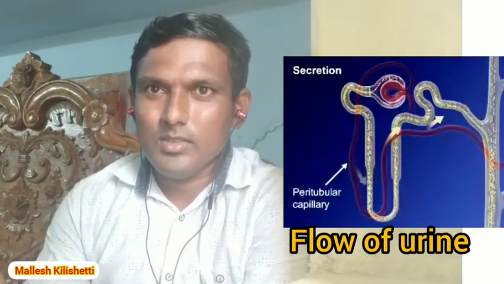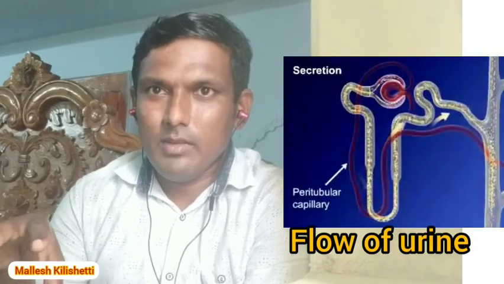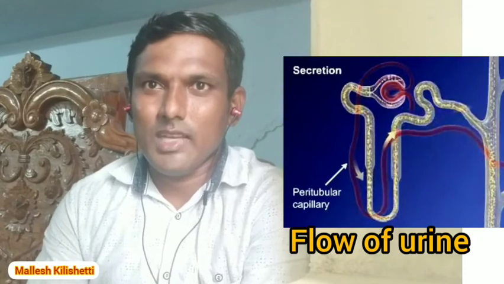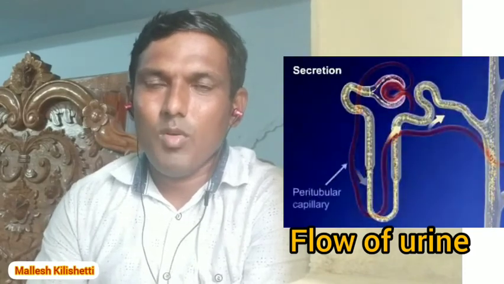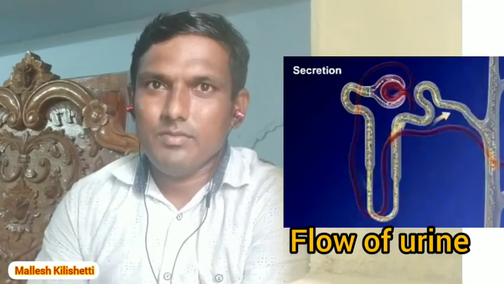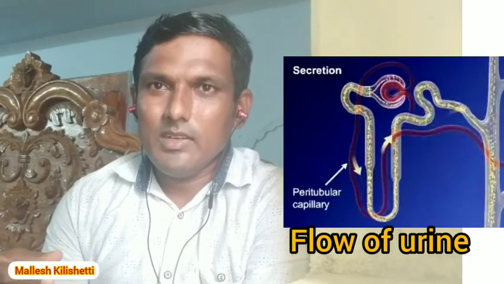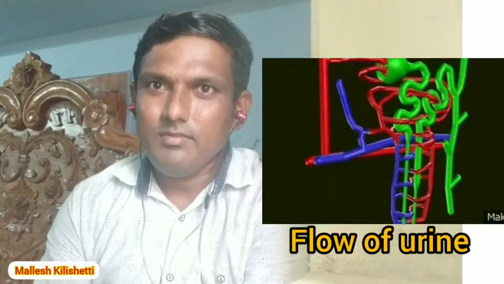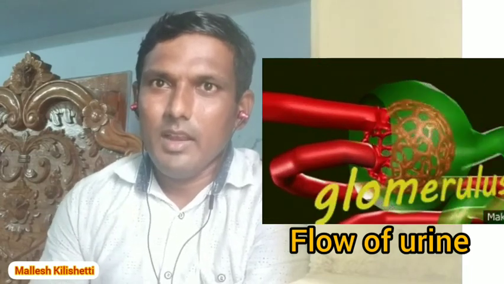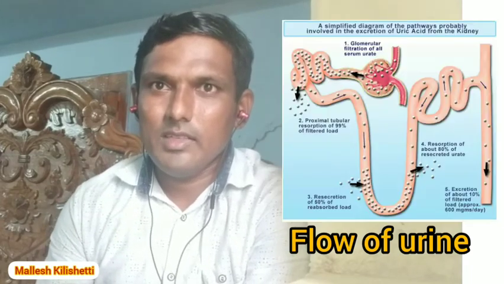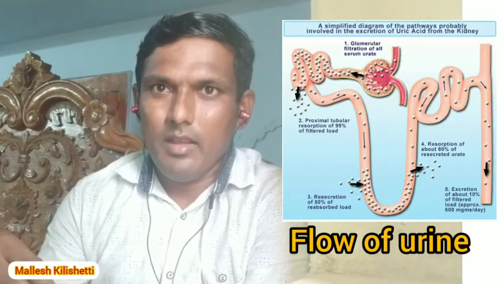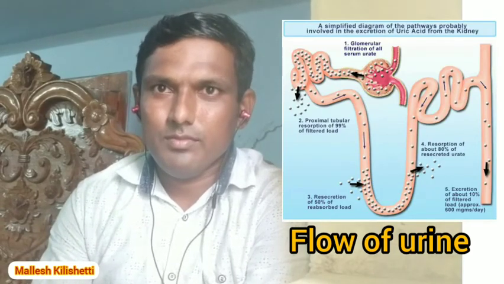So in the first stage filtration takes place, in the second stage absorption, in the third stage secretion, and the fourth stage is concentration of urine. Of the urine, about 75% of the water is absorbed. How does the remaining concentration increase? Urine is amber in color due to the presence of urochrome.